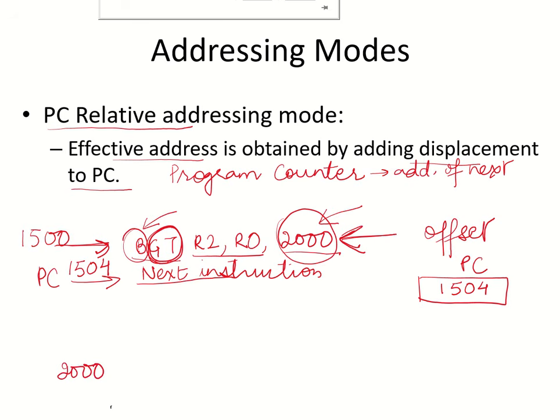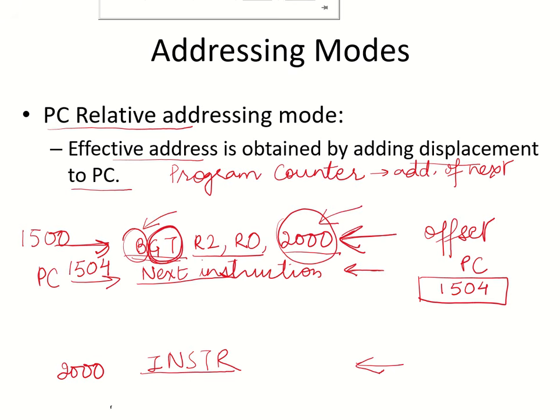So there has to be a change in the flow of control. The normal flow of control would have been the next instruction. Now I have to change the flow of control from this next instruction to the instruction at 2000. If this condition is satisfied, then I have to execute that instruction.